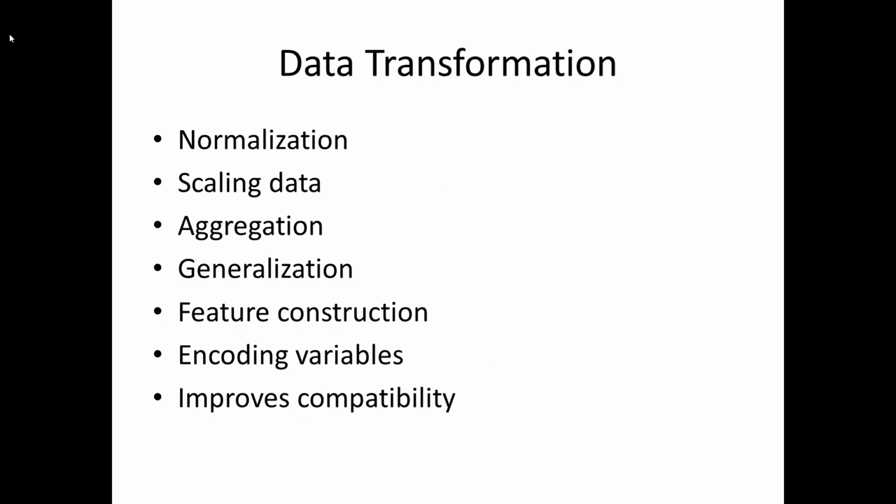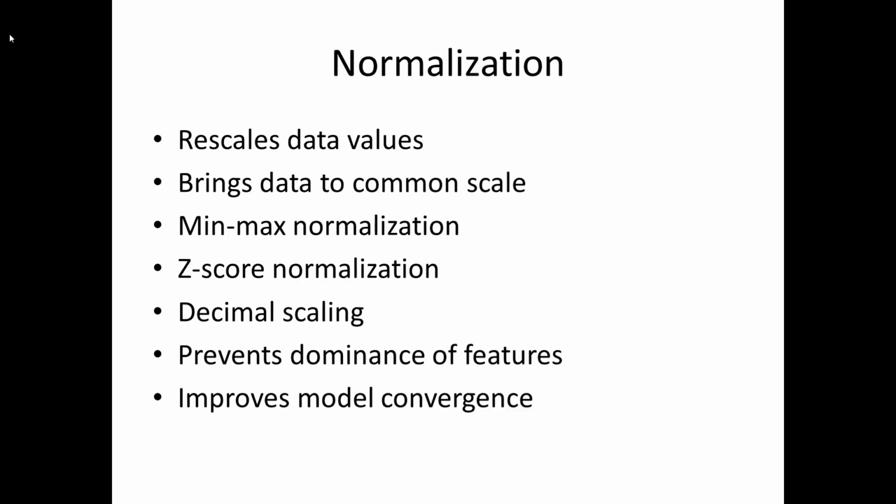Data transformation. Normalization, scaling of the data, data aggregation, generalization, feature construction, and encoding variables. It improves compatibility of the data. Normalization of the data rescales data values and brings data to a common scale: min-max normalization, z-score normalization, and decimal scaling.